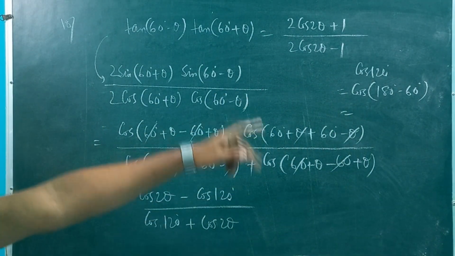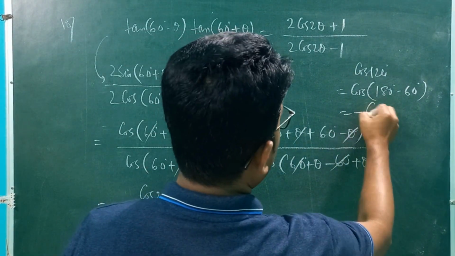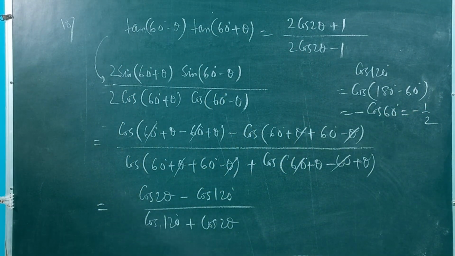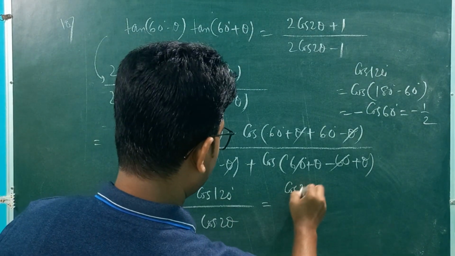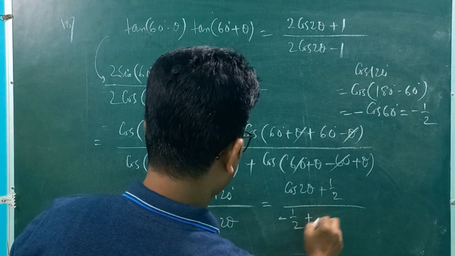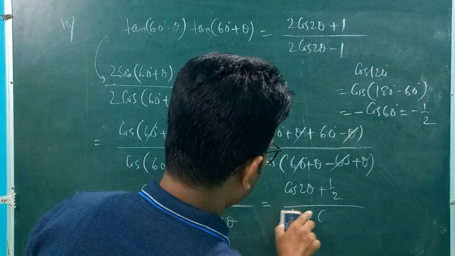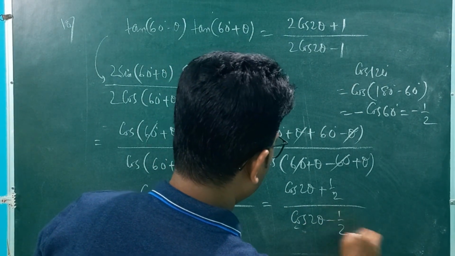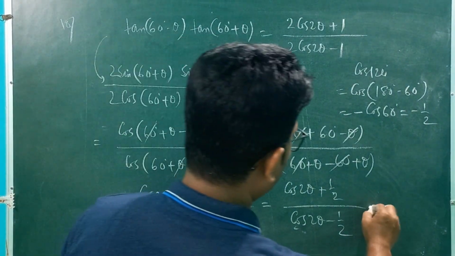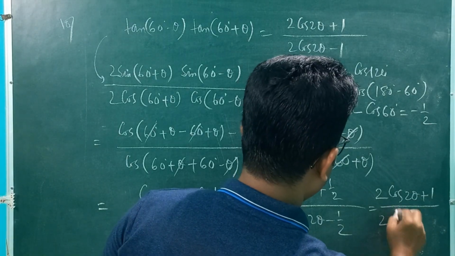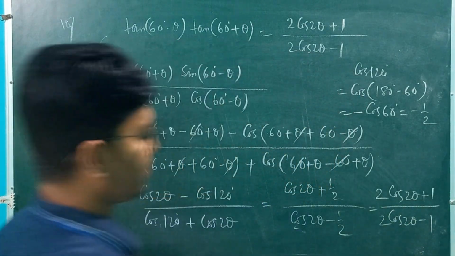So this one is in the second quadrant, so it is minus cos 60, that is minus half. So the cos 120 value is minus half. So you will apply here cos 2 theta plus half by cos 2 theta minus half, and if you calculate them you will get the required result, 2 cos 2 theta plus 1 by 2 cos 2 theta minus 1.